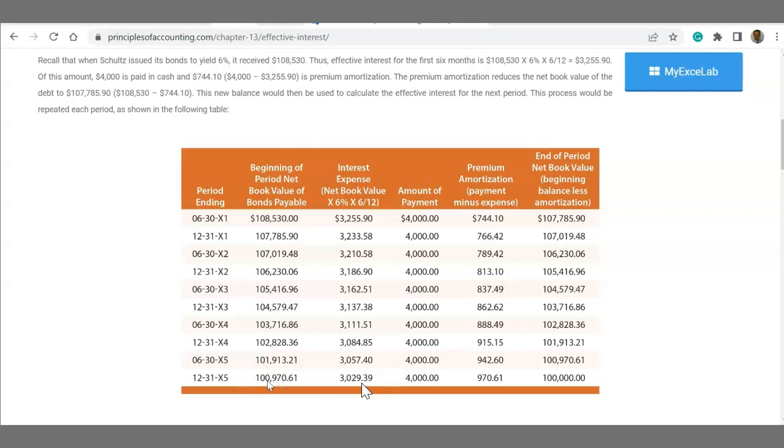So because the net book value is down, the interest is down. Interest at the beginning will be a higher interest expense to recognize for the corporation, but down the road it will be less, even though the corporation is constantly paying the same $4,000. And this is the effective interest method based on the effective book value of the bonds every year, which is constantly changing. And that's acceptable by GAAP.